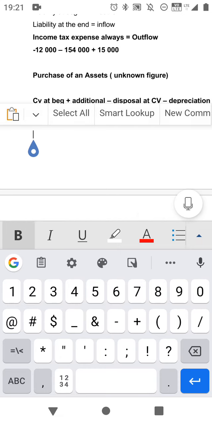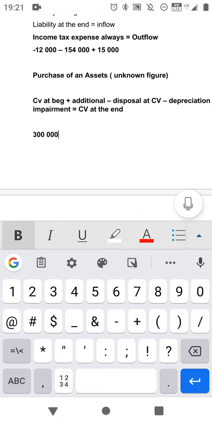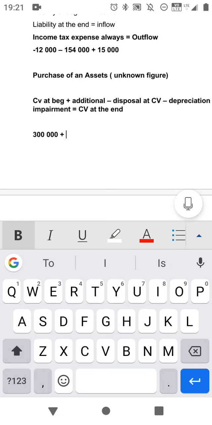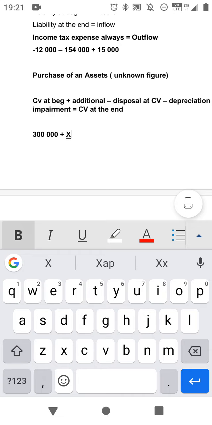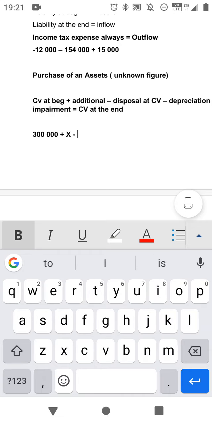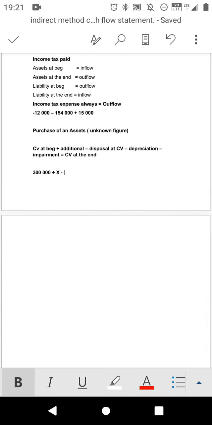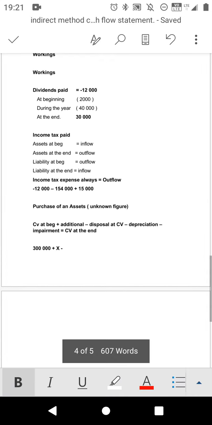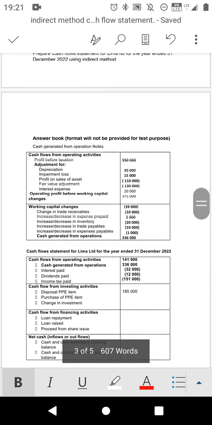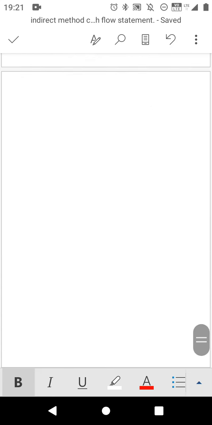Carrying value at the beginning is 300 plus addition. Do we know addition? No. We have to do it as an X. Then we subtract disposal at carrying value. Disposal at carrying value does not include the profit. We have it on our additional information number 1, which is 75,000.